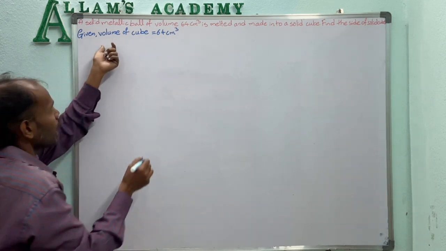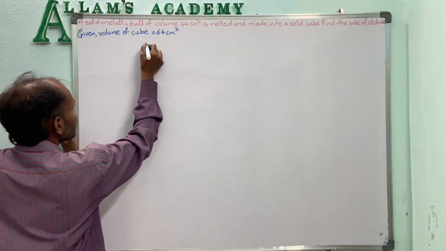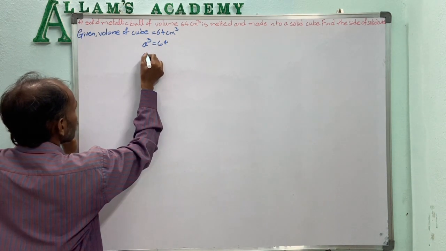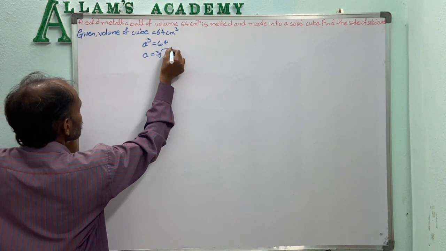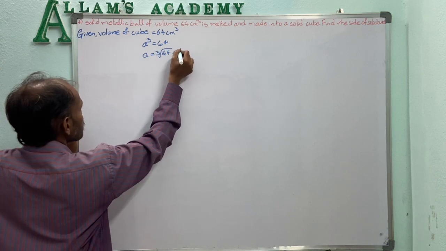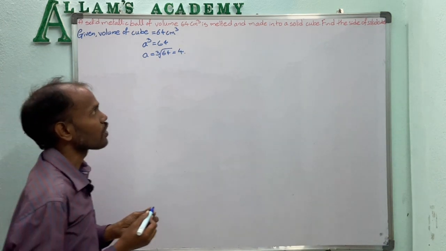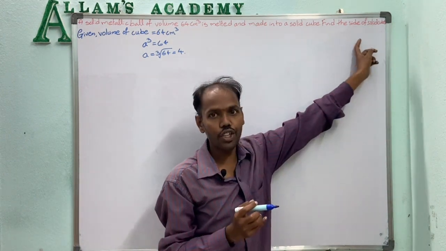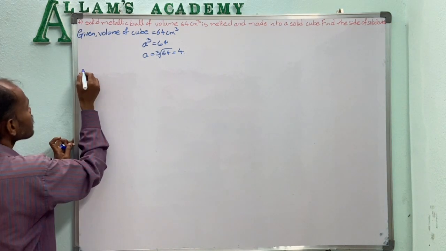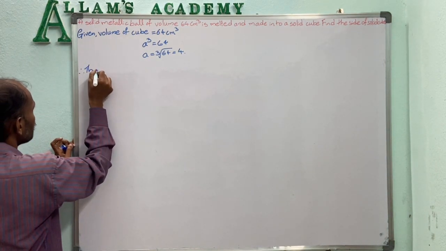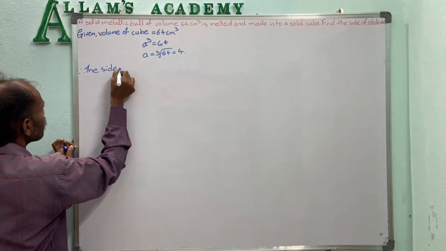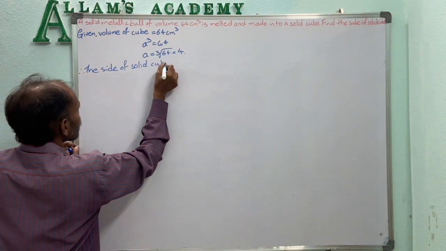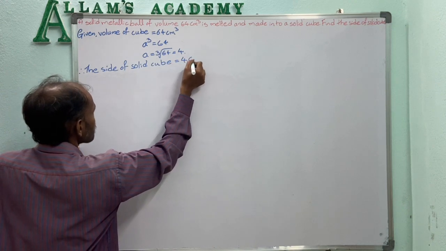The volume of the cube is a cube equal to 64, then a equals the cube root of 64, which is nothing but 4. We were asked to find the side of the cube, so the side of the solid cube is 4 centimeters.